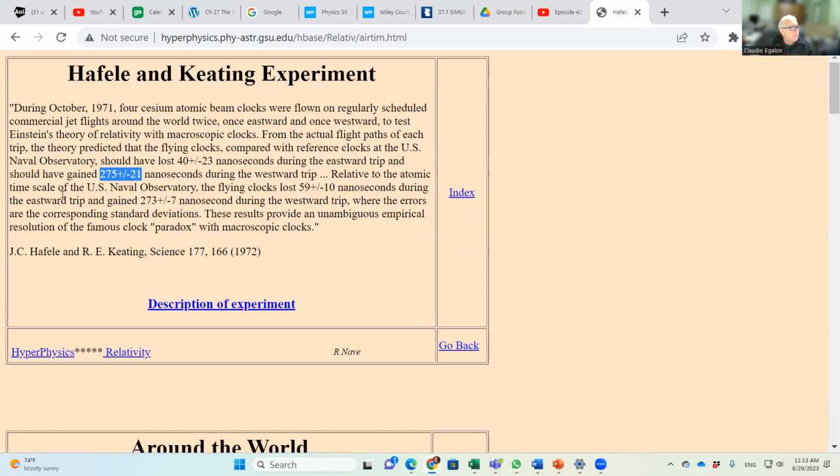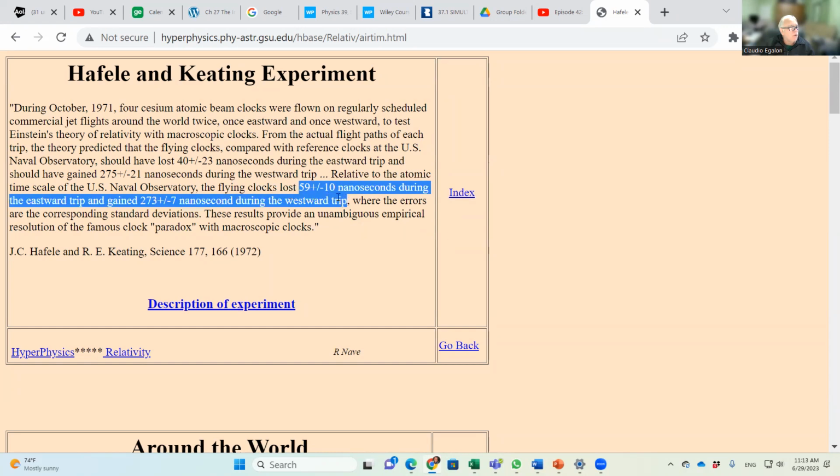Relative to the atomic time scale, the flying clock lost 59 plus or minus 10 nanoseconds during the eastward trip, right? And gained during the westward trip, where the errors are the corresponding standard deviations. Those errors are this one here, this one here, and this one here, right?